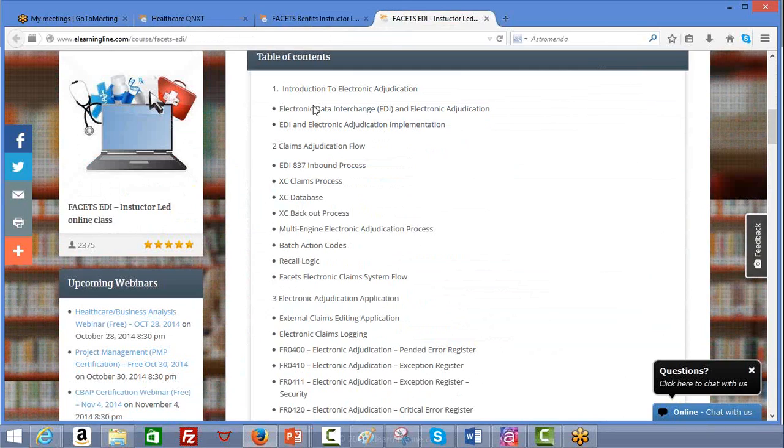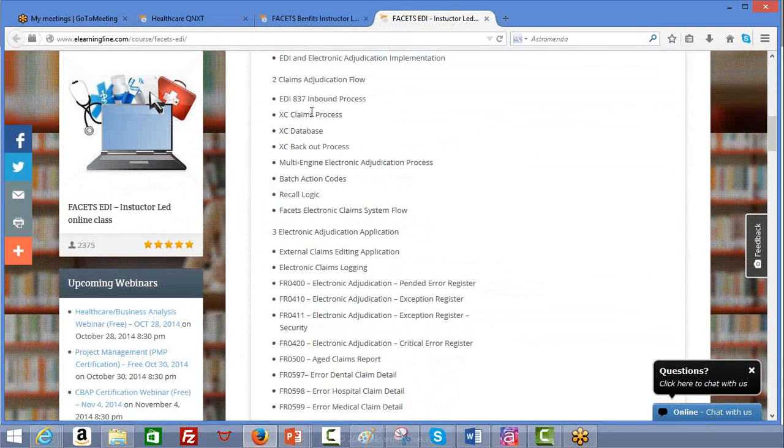Then we have the claim adjudication flow, 837 inbound, and XE, which is the specific type of database they consider. So the tables, claim process, databases, and the backout processes will be explained in great detail. If you need to back out the data, how you will do that.